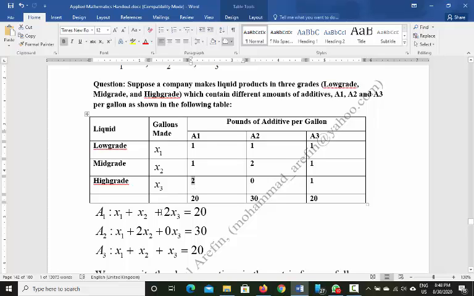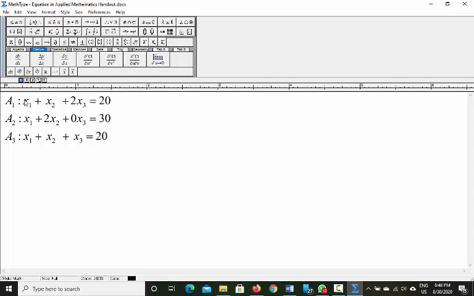So that means the total use is: x1 pounds of A1 to produce low grade liquid, x2 pounds of A1 to produce mid grade liquid, and 2x3 pounds of A1 to produce high grade liquid.